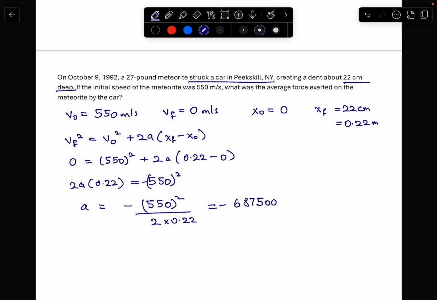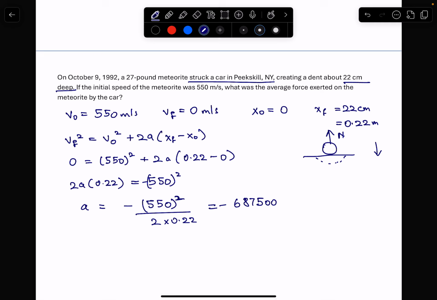687,500. That's because if this is the car and this is the meteorite, it created a dent and the car stopped it. So its velocity was in this direction. Velocity was downwards, and the car's surface provided a force in the upward direction, right?